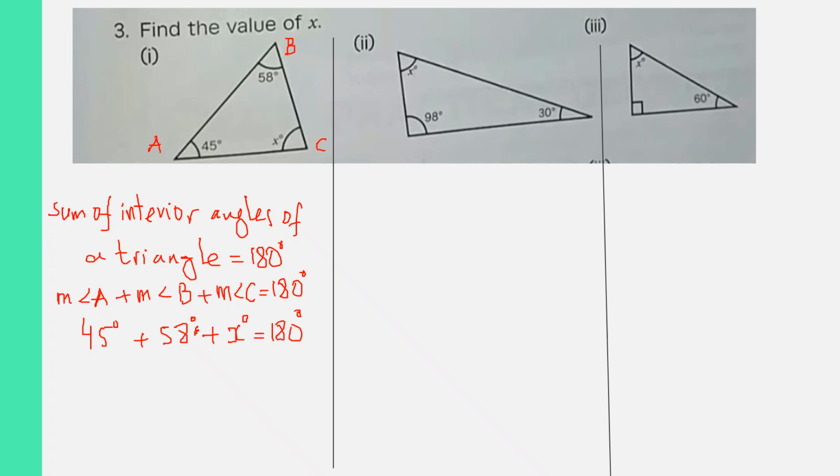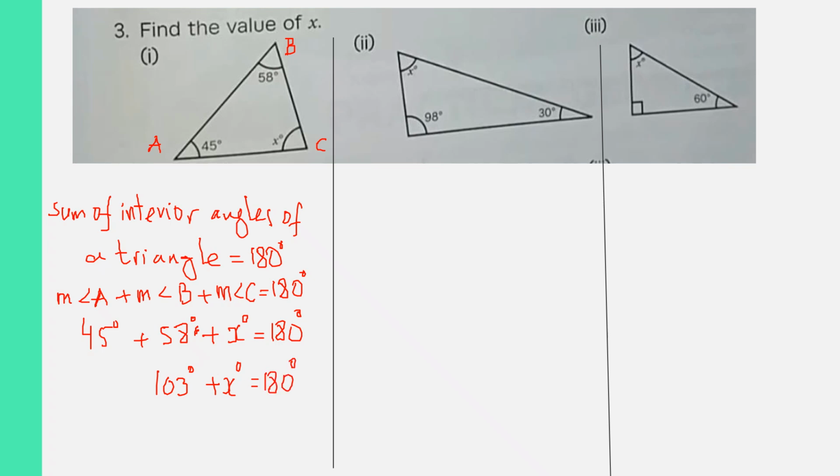Now I want you to add these two, 45 and 58, and let's see what it gives us. So 45 and 58 when added gives us 103 degrees, plus x degrees is equal to 180 degrees.